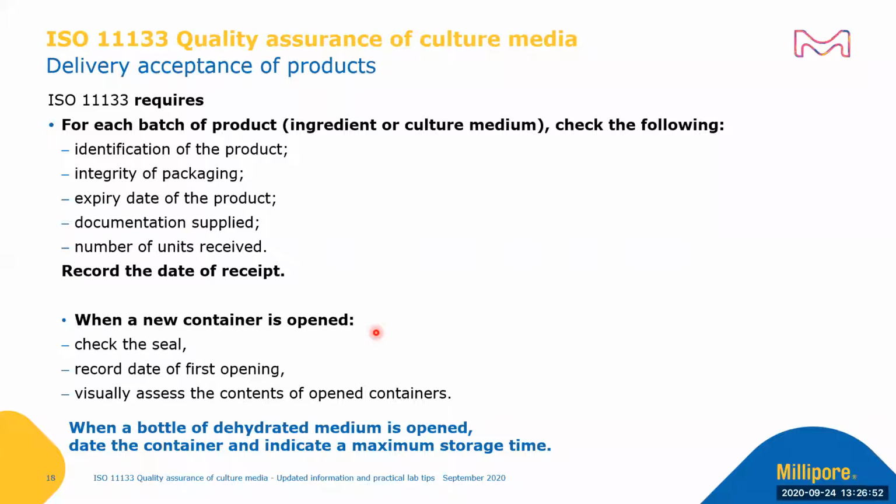When a new container of medium or reagent is opened, check the seal if a seal is there, record the date of first opening, and visually assess the content of open containers. When a bottle of dehydrated medium is opened, date the container and indicate a maximum storage time.